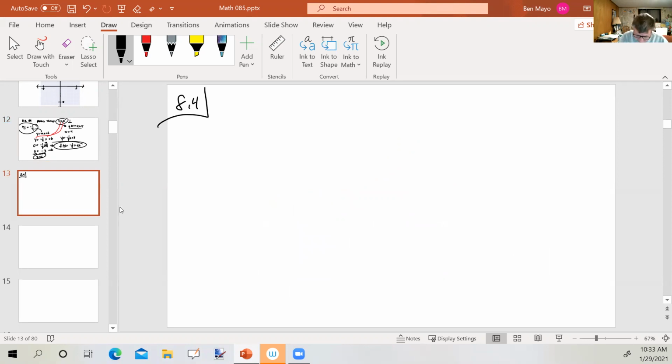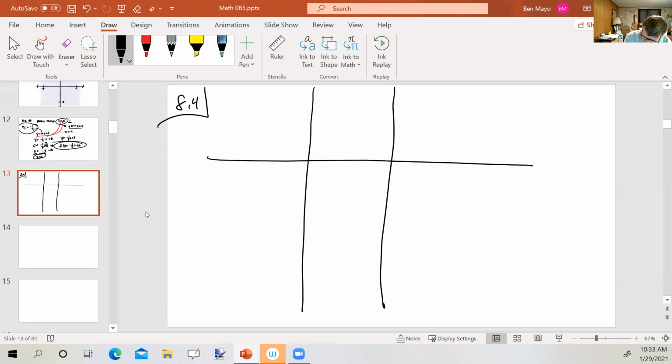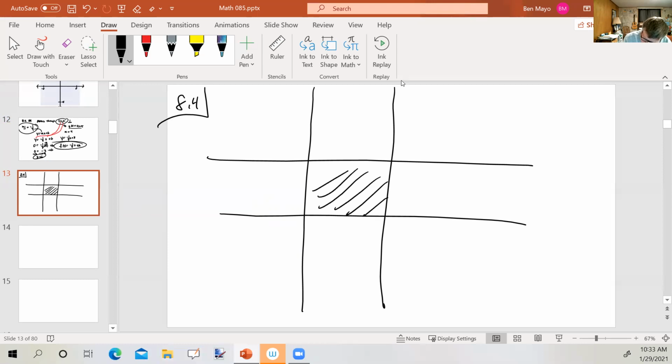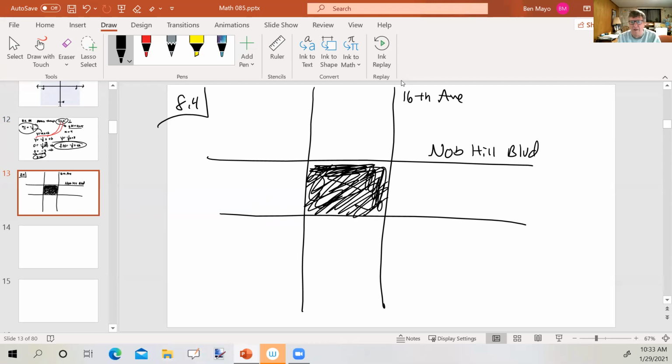And first of all, I want to talk about some streets. Let's see, if this is 16th Avenue, and this is Nob Hill Boulevard, this piece that I'm filling in there, what would you call that?